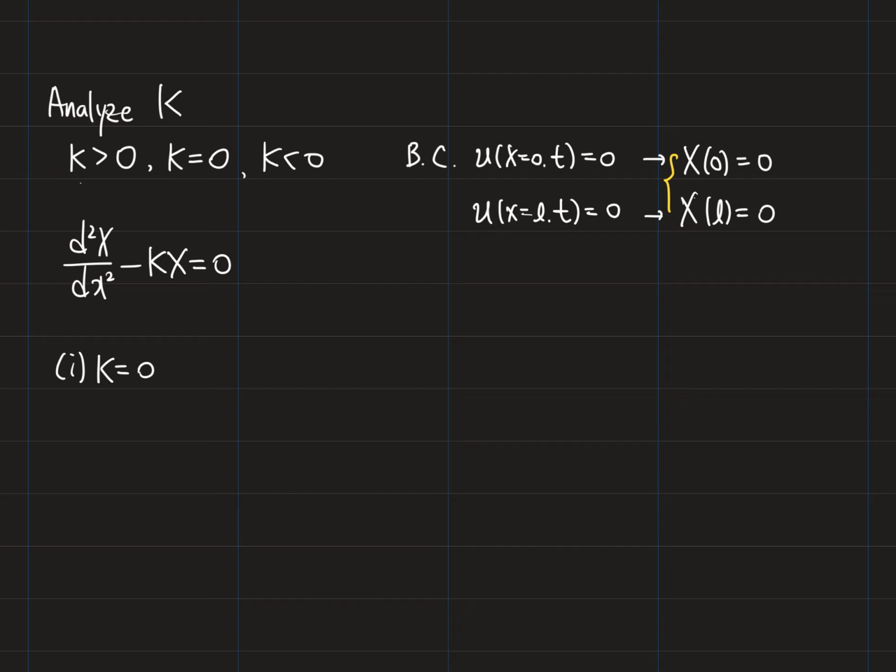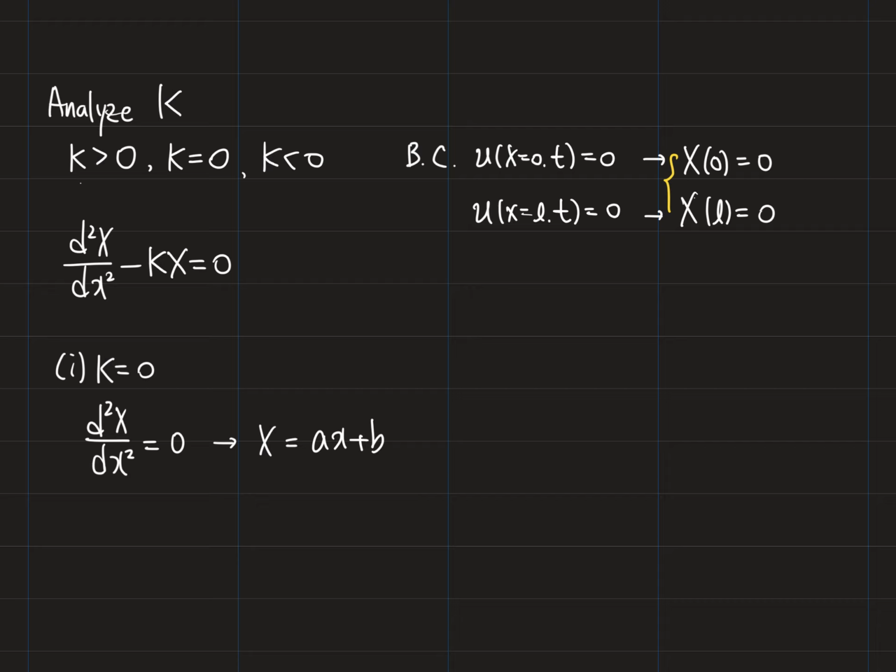That means this spatial ODE is now reduced to something like this. So the general solution to this ODE is X equals a simple straight line, just the first order polynomial solution.